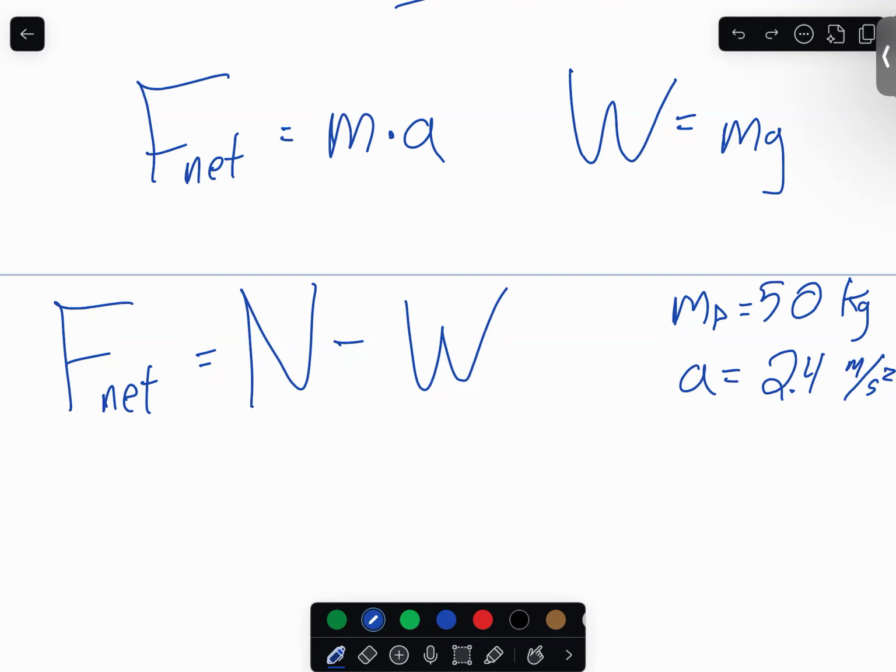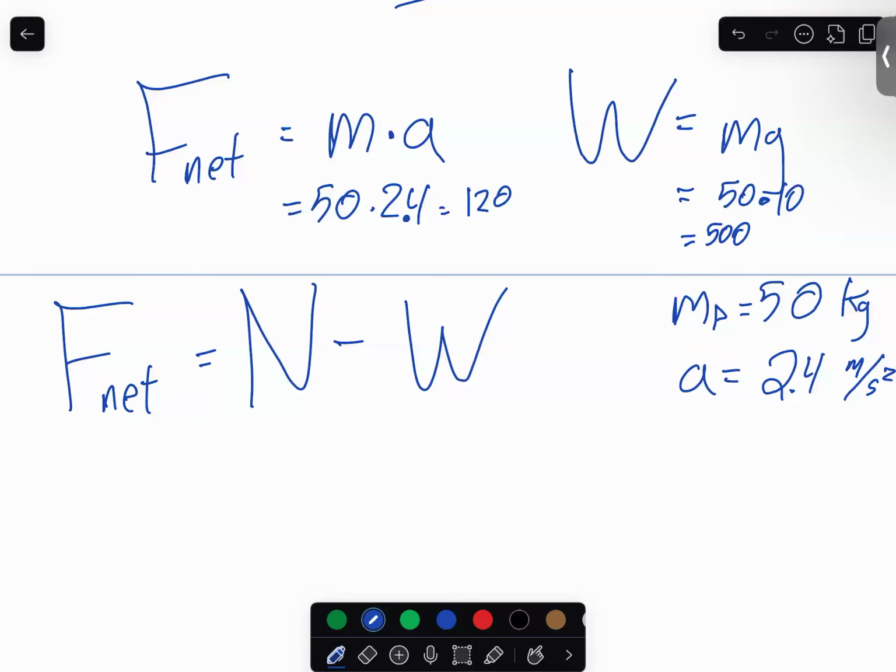Here's how to solve this. If I've got F net equals m times a, and I've got mass, and I've got acceleration, then I could say F net equals, what is that? 50 times 2.4 is 120. If I've got weight equals m times g, I'm going to round here. I better darn well know what g is, about 10, and multiply that up, 500.